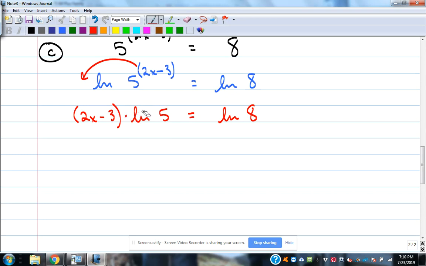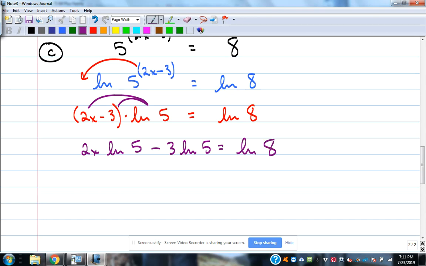It's just some sort of number. So if we've got parentheses and a number outside, what property is that? You could distribute that number to both of those pieces. So I can take this natural log of 5 and distribute it across there and get 2x natural log of 5 minus 3 natural log of 5 is equal to natural log of 8.